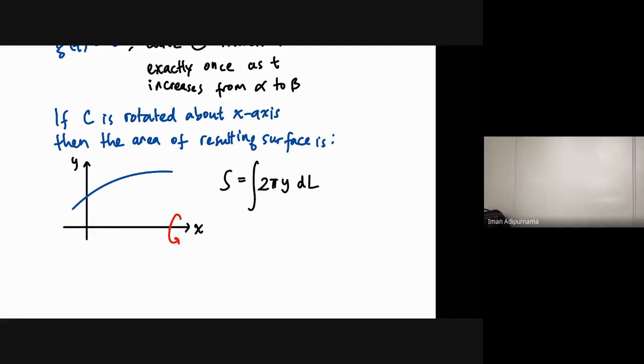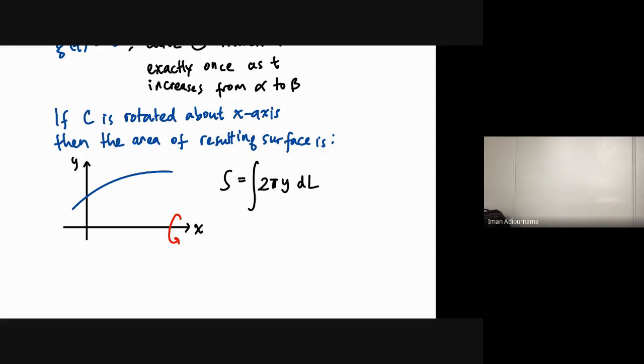If you rotate about the x, it will be 2 pi y. If you rotate here, it will be 2 pi x. And now because we also already defined the dl in arc length, right?